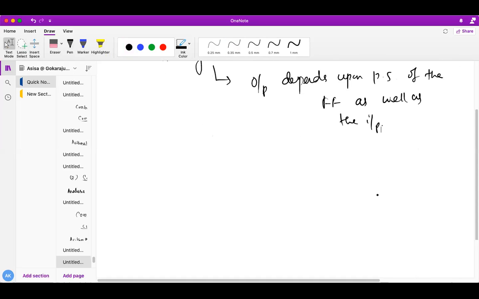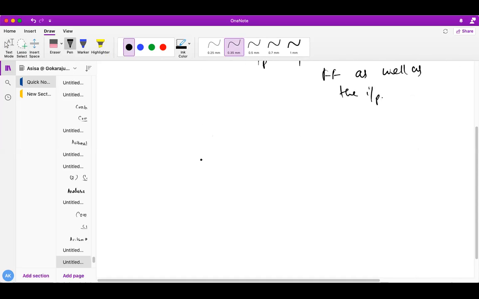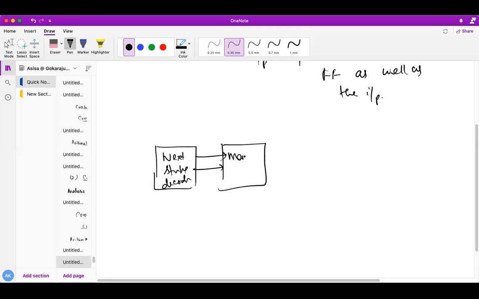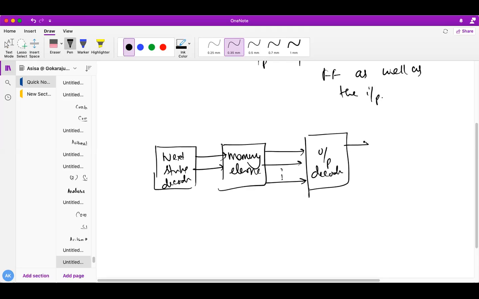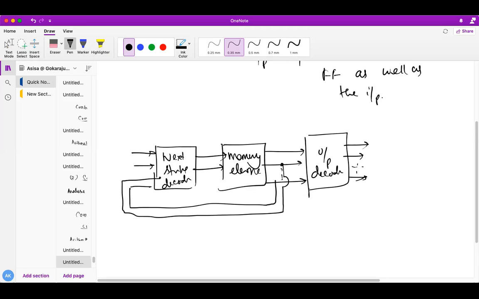We have also discussed the Moore circuit block diagram. This is my next state decoder. Next, it has a memory element and the output decoder, and these are my inputs, and a few inputs will be fed back.